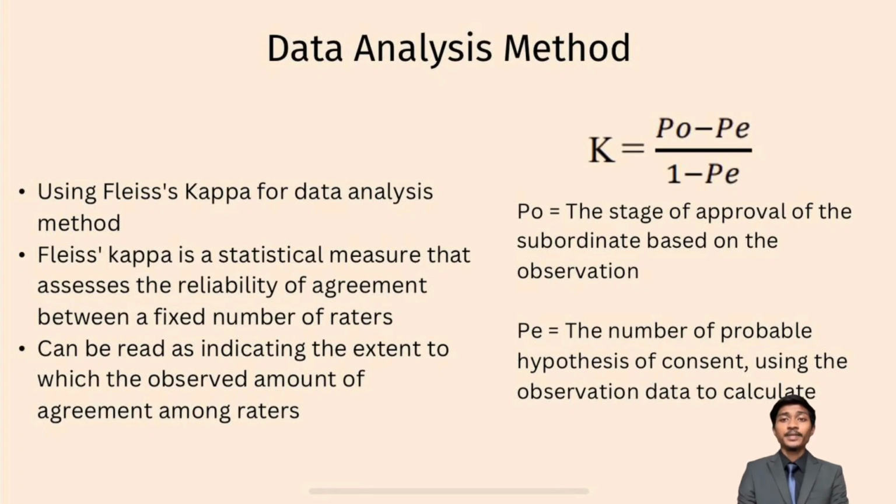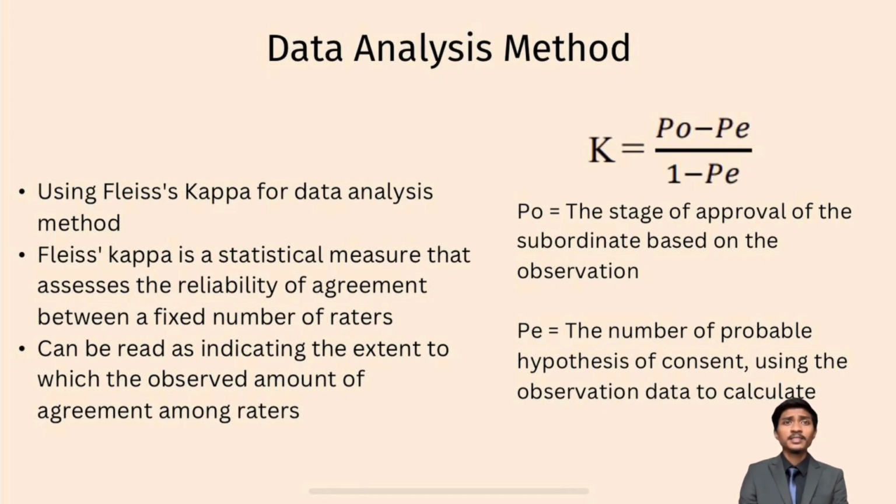Data analysis method. The data analysis method in this study is Fleiss kappa. Fleiss kappa is a statistical measure that assesses the reliability of agreement between a fixed number of raters.